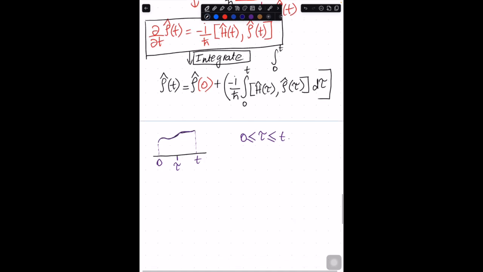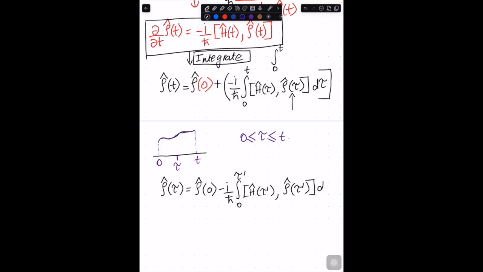So now I would want to iteratively solve this equation. What does that mean? Resubstitute rho hat tau into this equation. So rho hat tau would again be rho hat 0 minus i over h bar, integral from 0 to tau prime, Hamiltonian tau prime, rho hat tau prime, d tau prime.